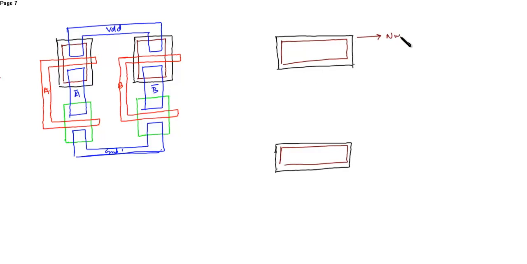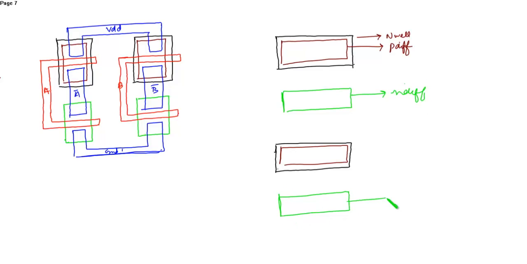So this is N-well, P diff. Then this N diff. So this is one transmission gate, this is a second transmission gate.